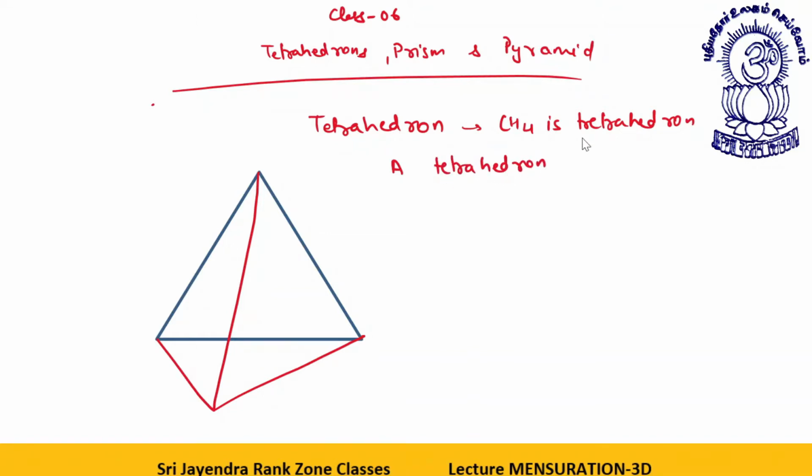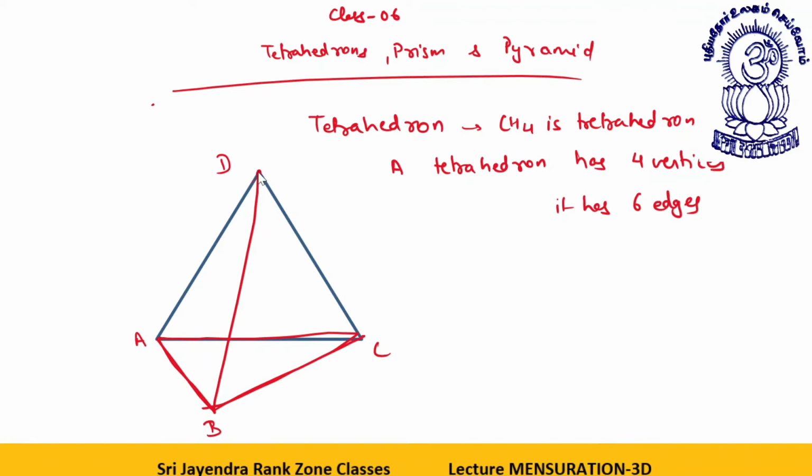A tetrahedron has how many vertices? A, B, C, and D, four vertices. How many edges does it have? It has six edges. How come six edges? Look, dear students, on the base we have these three edges: one, two, three.